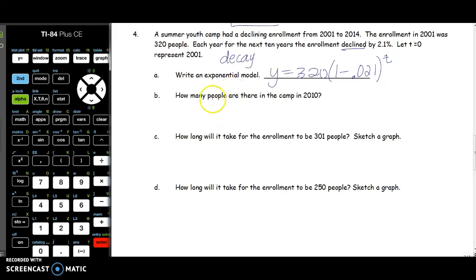Okay, so how many people are there in the camp in 2010? Well, if t equals 0 is 2001, t is going to equal 9 in 2010. So we would substitute that in, y equals 320 times 1 minus 0.021 to the 9th power.